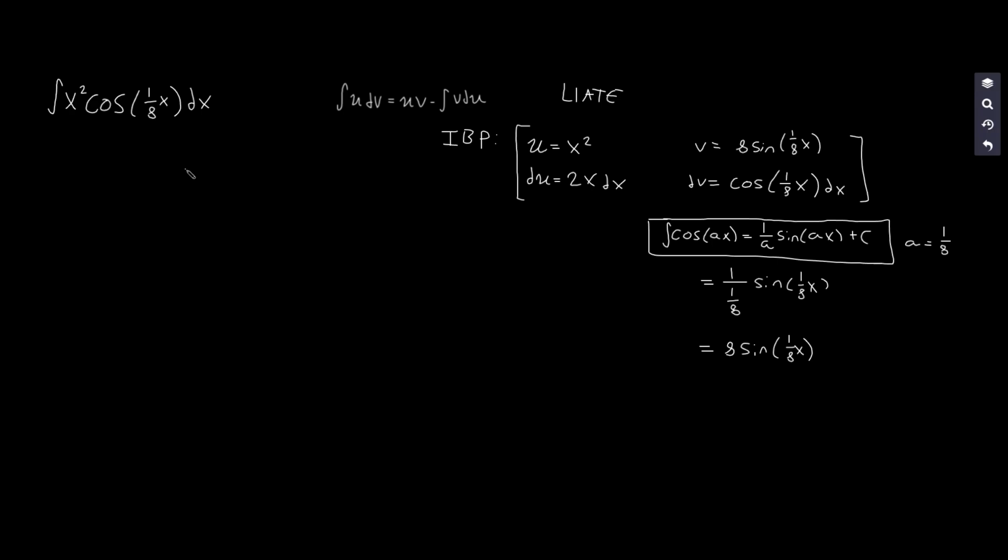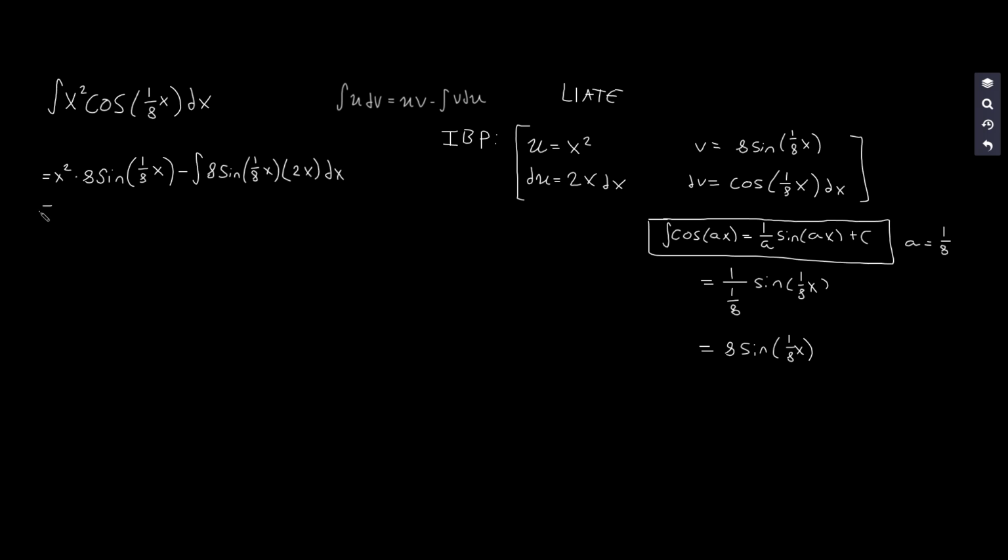And when we set this back up into our formula, it should look like this. So that is x squared times 8 times sine of 1 over 8 times x minus the indefinite integral of 8 times sine of 1 over 8 times x times 2 times x, integration with respect to x.